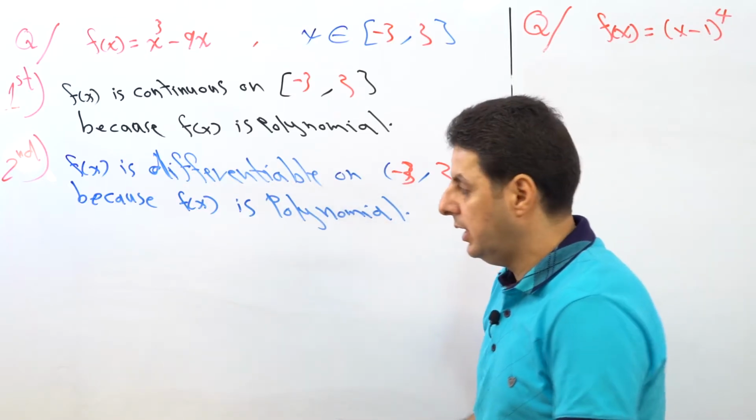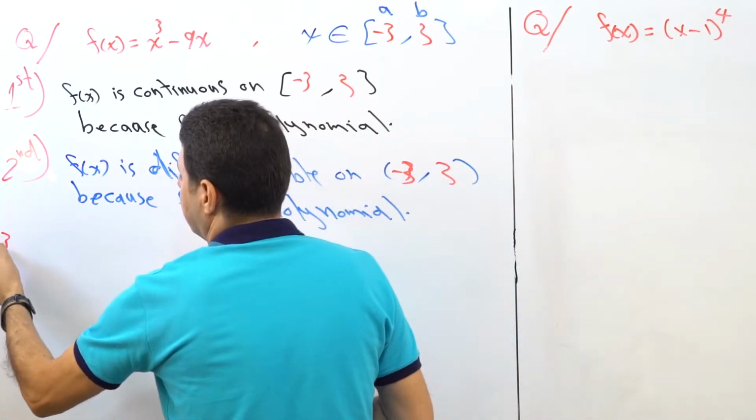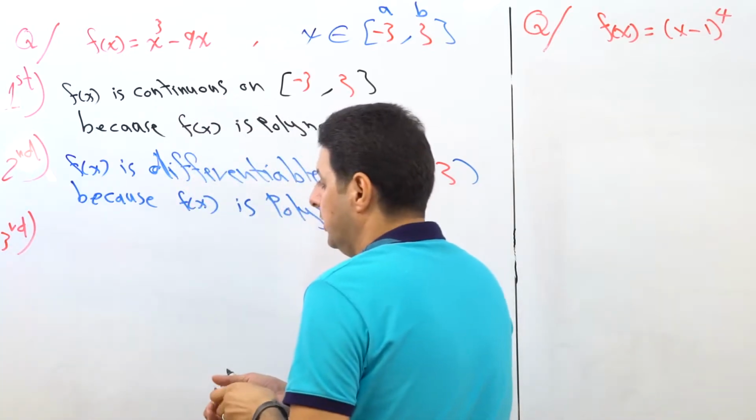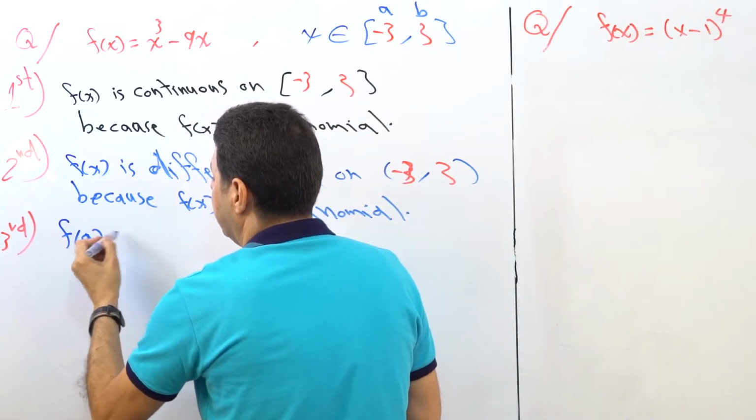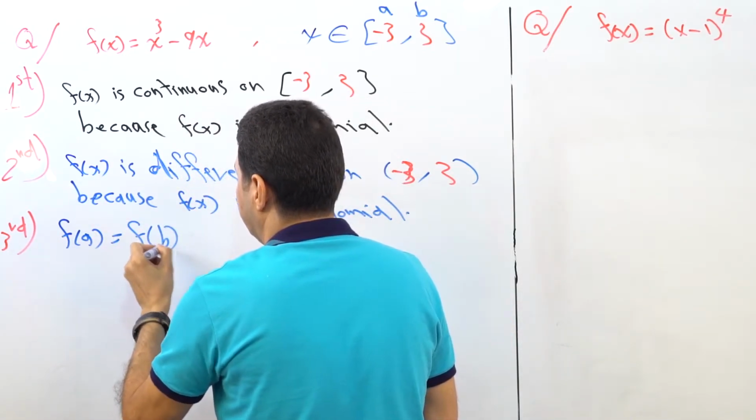Third condition الشرط الثالث third condition f of A must equal f of B.